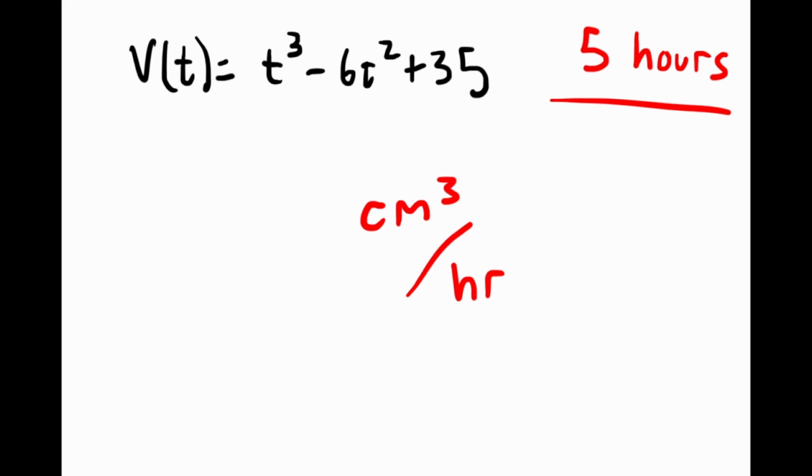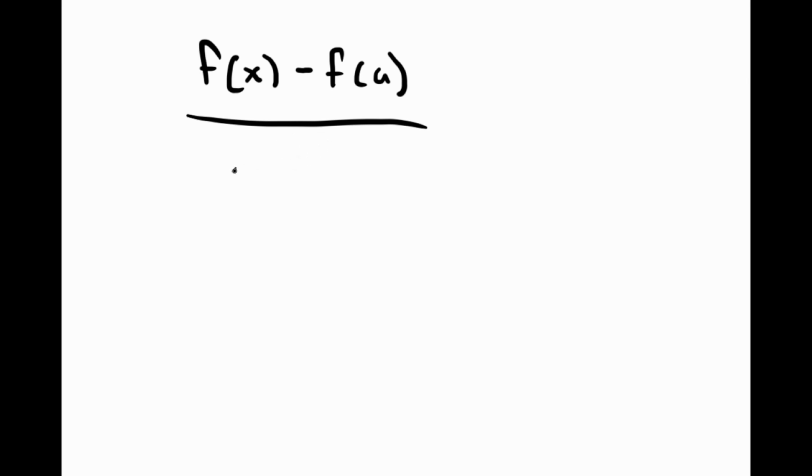All right, so one final thing before we finish up is we're going to go over a bit of what we were just talking about. If you noticed, even with the slope of the tangent line, it all boils down to one equation, which is f of x minus f of a divided by x minus a.